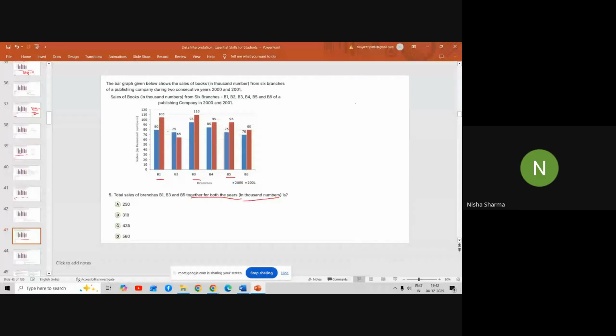Total sales 560. Okay. Others? Are we getting 560? 80 plus 105 plus 95 plus 110 plus 75 plus 95. Now here they have not said average, they have said total sales.